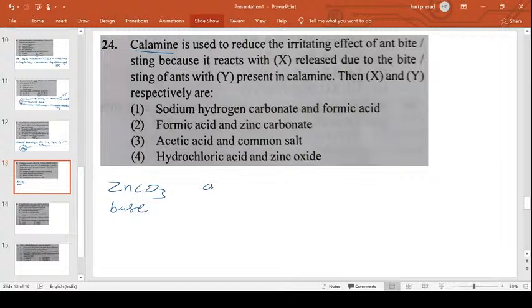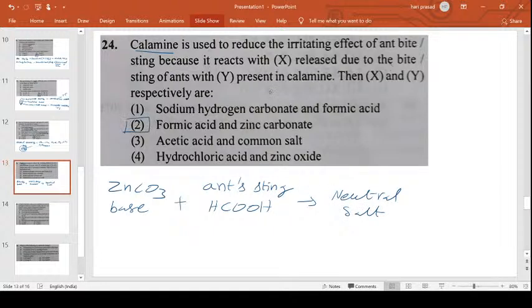Then take an ant sting. In an ant sting, formic acid is present. When the acid and the base react, we get a neutral product, that is salt. Therefore pain will not be there.